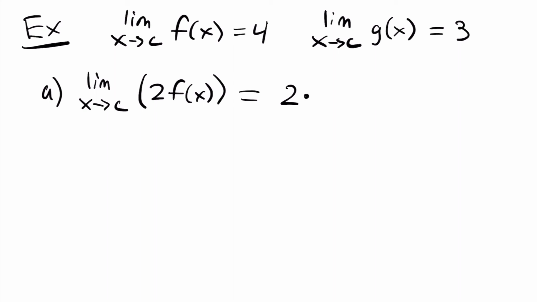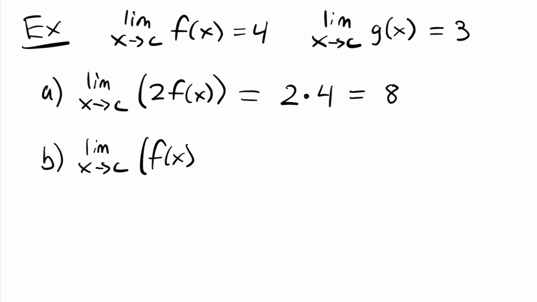So we know that the limit of f of x is 4, and then we know that our answer is going to be 8. And again, this comes from the fact that we can say that the limit of a scalar times a function is equal to the scalar times the limit of the function, which we know in this case to be 4. Second, we're going to look at the limit as x approaches c for the function f of x plus the function g of x.